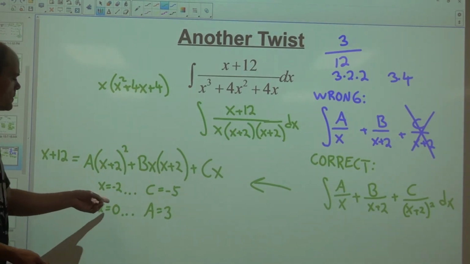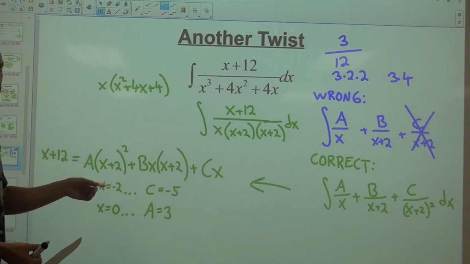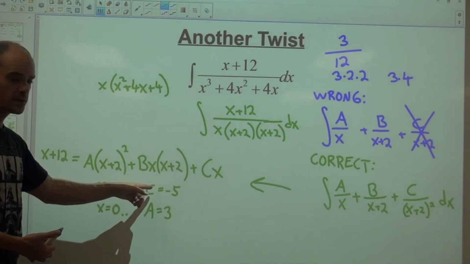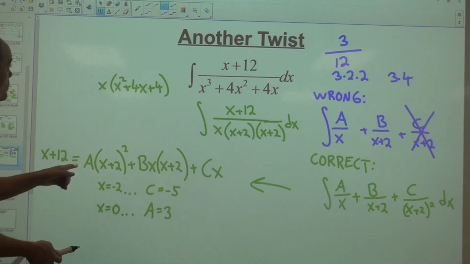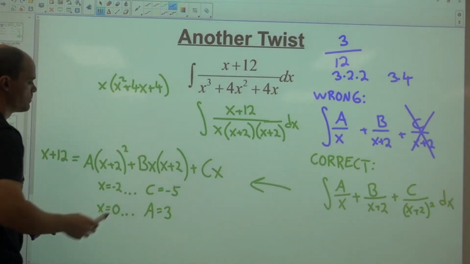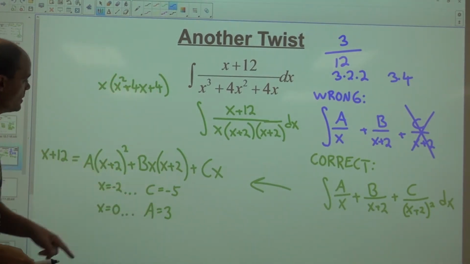And now what do you do, Mr. Young? We've already used 0 and we've already used negative 2. Yes, but we have a and we have c now. So I can rewrite my equation, plugging these 2 things in.